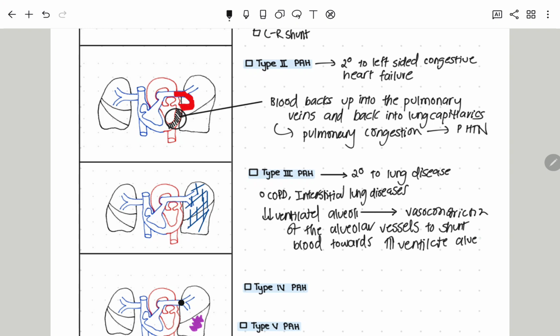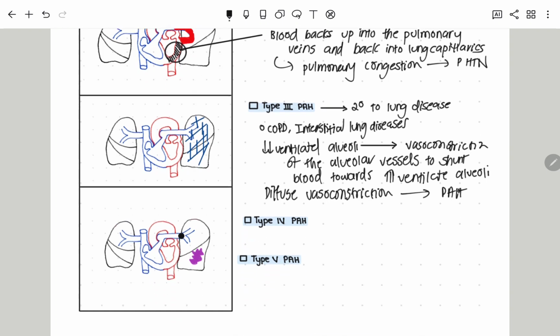And if you can imagine, depending on the extent and the degree of the lung disease at question, whether that's COPD or ILD, again, a diffuse or localized vasoconstriction can lead to pulmonary arterial hypertension.